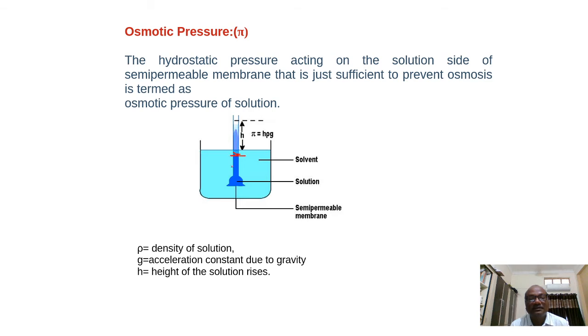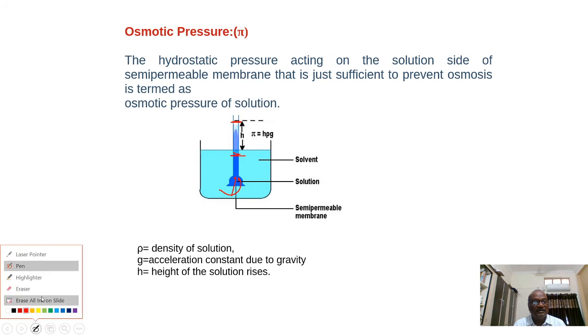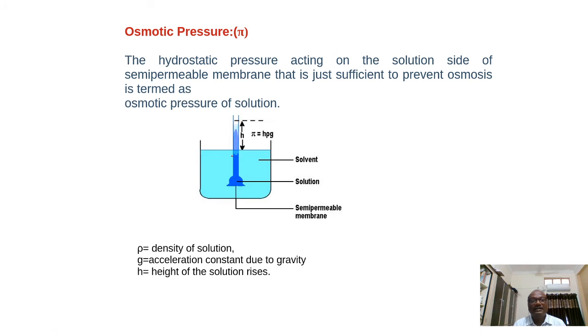When the osmosis begins, after some time the equilibrium is established, and now the solution level has risen up to this mark. Why is the solution level rising? It is because of the movement of solvent molecules through the semi-permeable membrane into the solution. So the level of solution will increase in the Thistle funnel.